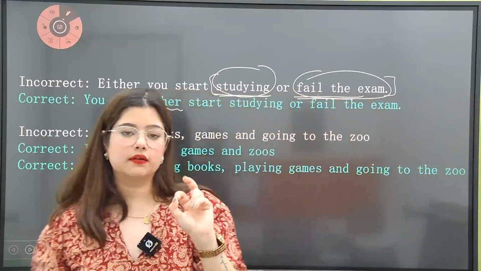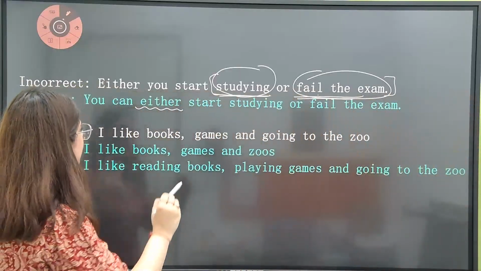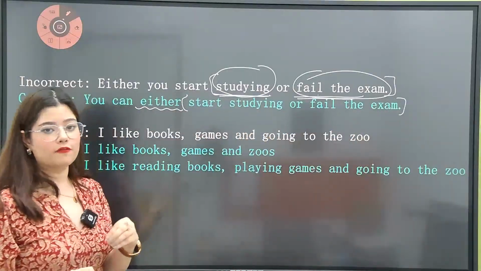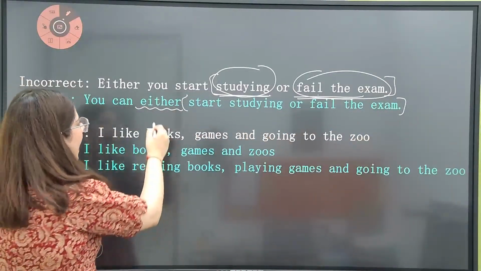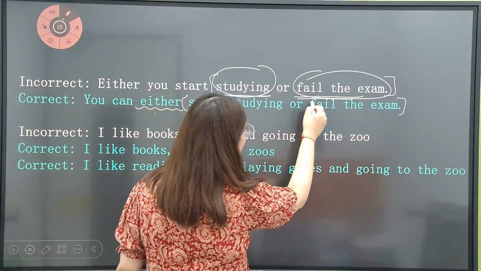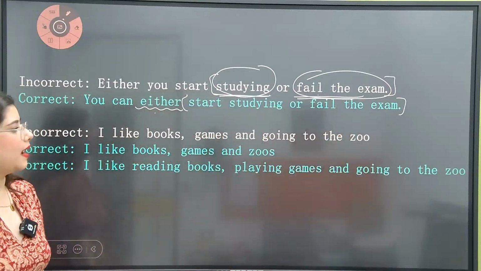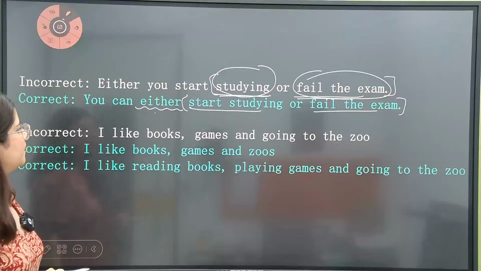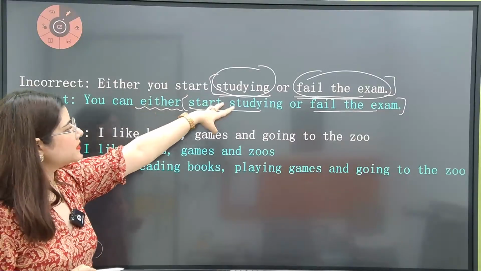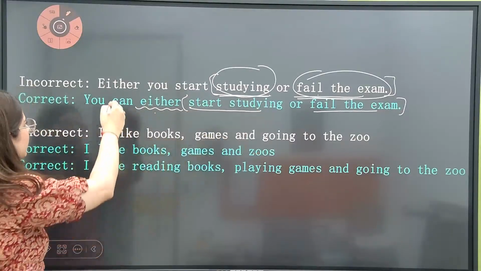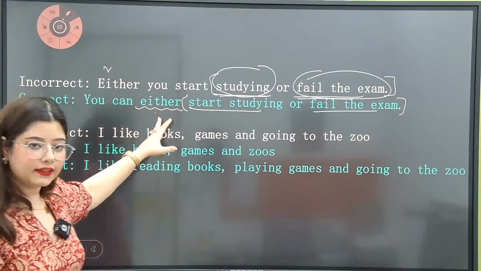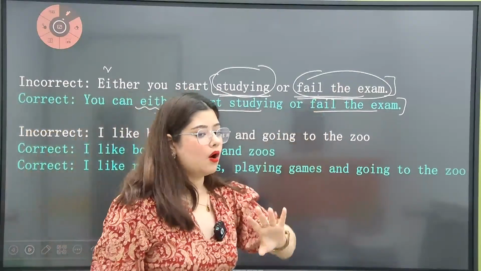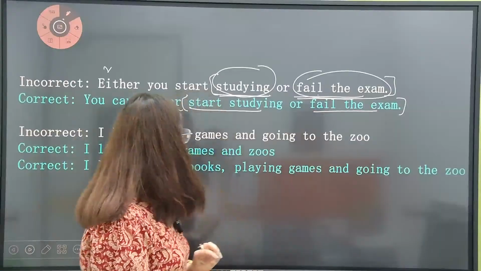So either should be placed just before the choices we have. You can either start studying or fail the exam. Either this or that. Either you start studying or fail the exam would be deemed incorrect. You can either, and then we'll start with the choices, start studying or fail the exam.